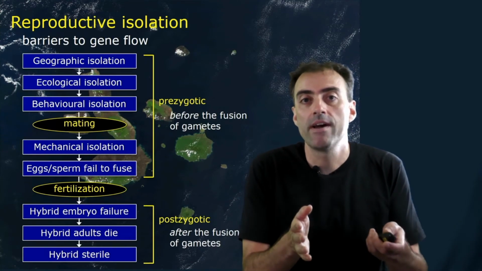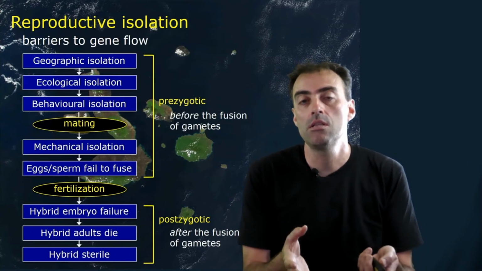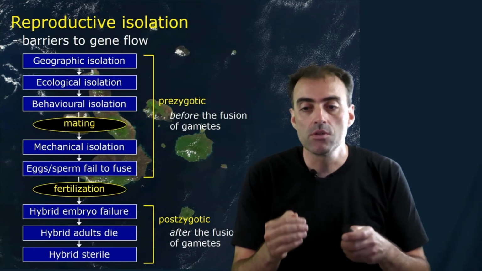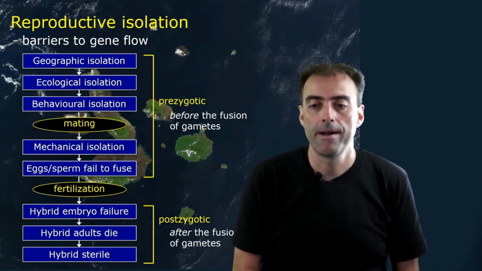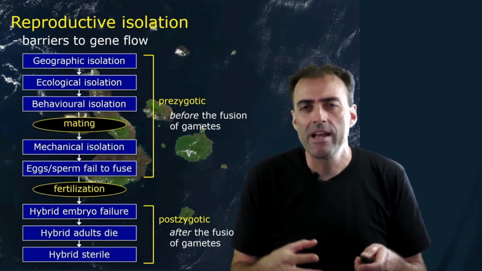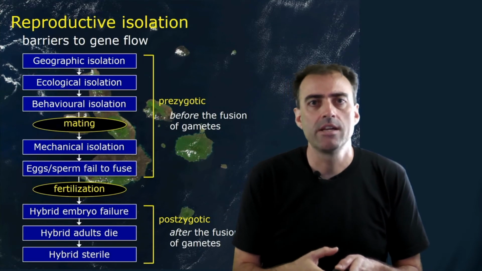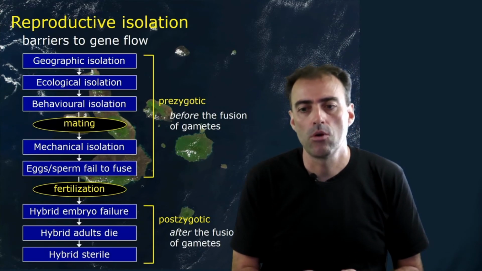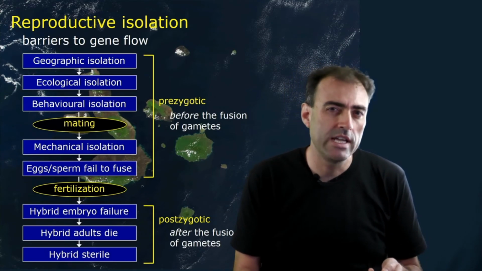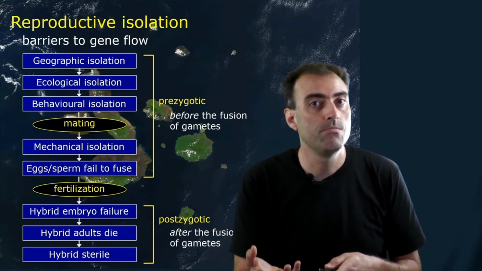This is where most of our research tends to focus, because this is where we can actually see the mechanism in place. But there's also postzygotic isolation, and this is where mating can occur. Sperm does fuse with the eggs, but they no longer produce viable offspring. So for example, donkeys and horses, and the mating outcome of that hybrid, which is mules.